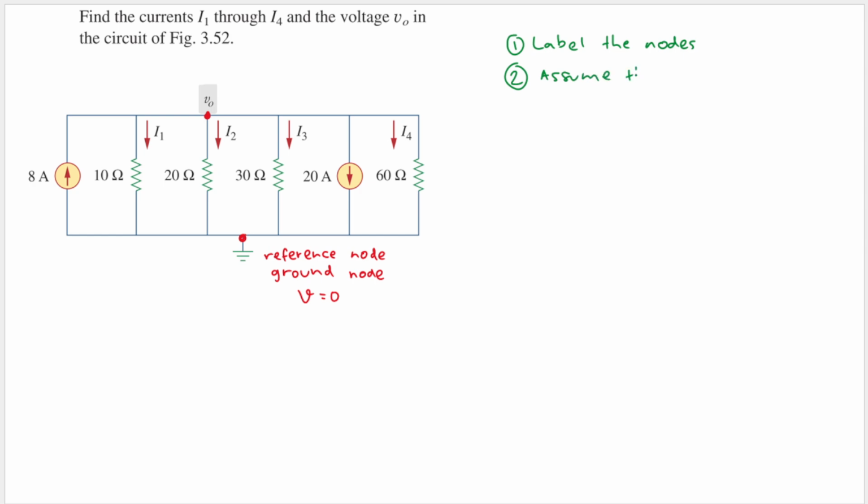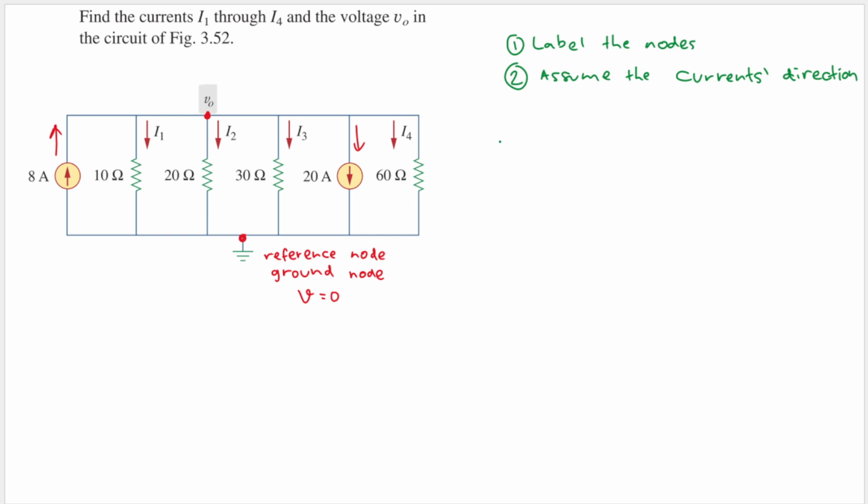We are already given that I1, I2, I3, and I4 are going down. We have two branches left, but those are current source branches, so I just follow the arrow of the current source. So this one is going down and this one is going up, right?